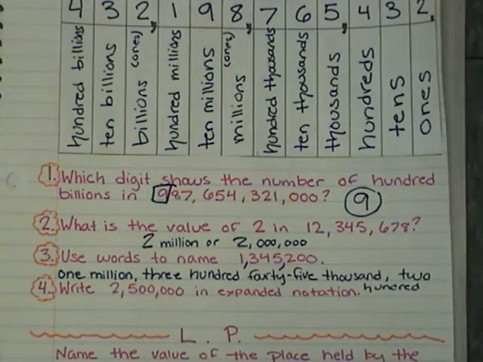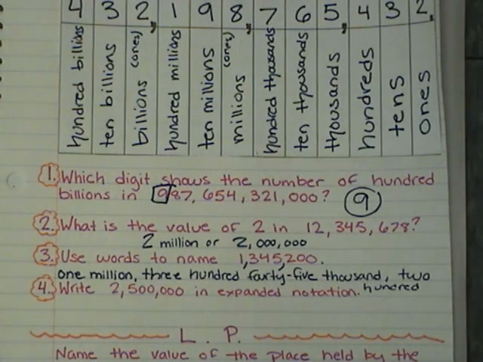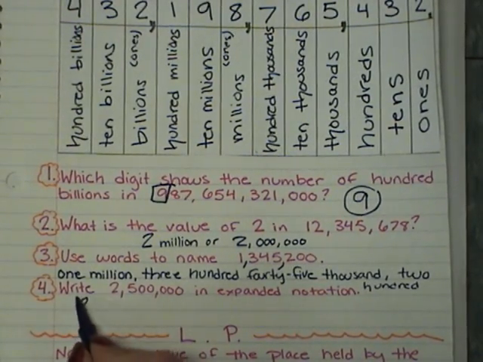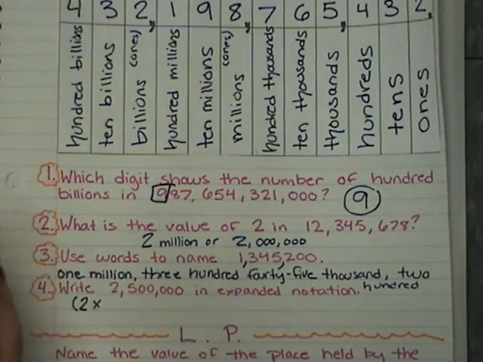All right, the last but not least problem, write this number in expanded notation. And we did this a while back. I cannot remember which number, but if you need to flip back and try to remember what expanded notation is, go ahead and do that. And when we do expanded notation, I remember I take my number out, and I write what place value it is.